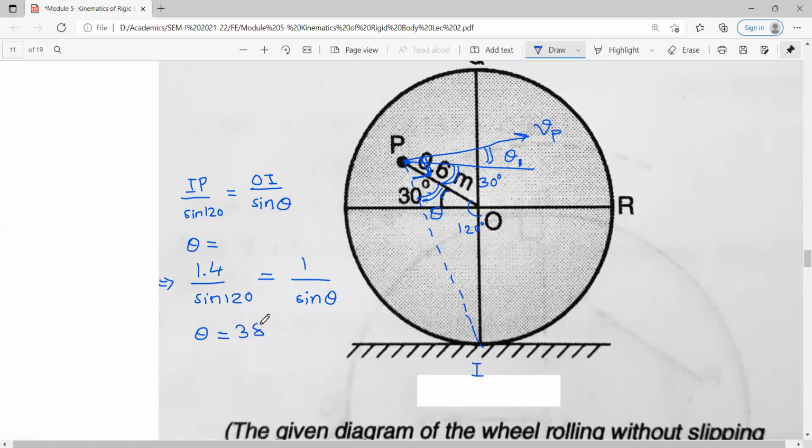And we are interested to know theta 1, which is the angle of velocity of point P from reference. So that will be 90 degree minus 30 degree minus 38.17 degrees. I am interested in theta 1.